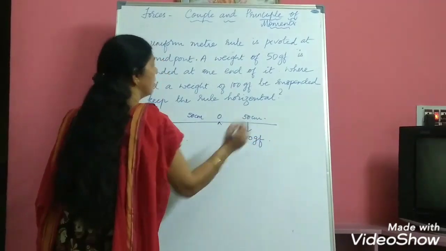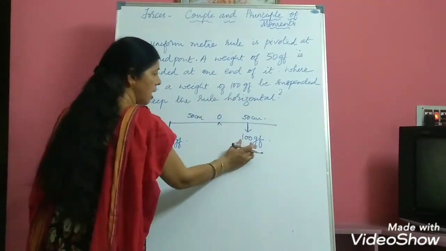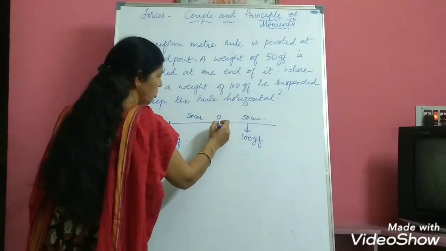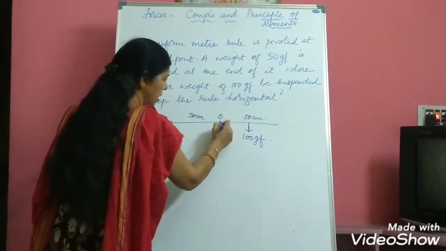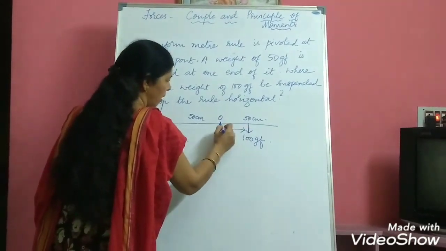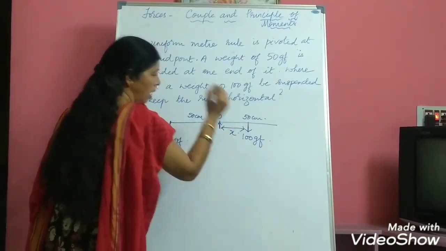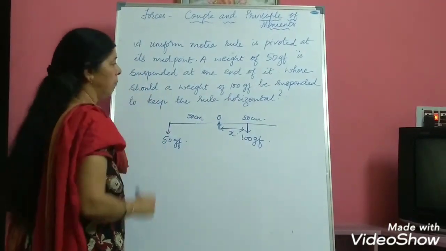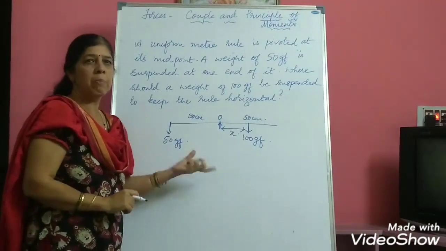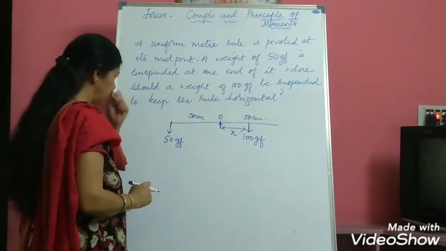How much force or how much weight is hung here? It is 100 gram force. You have to calculate at what distance this weight has to be hung. This is the problem. Now, this problem can be solved by principle of moments only.